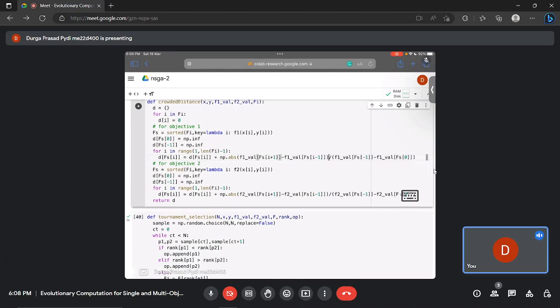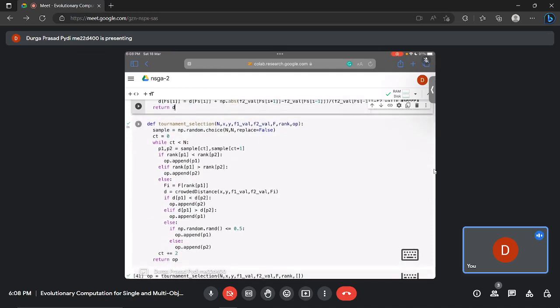You normalize this distance with respect to the maximum value minus minimum value. fs contains your sorted values. fs of 0 will be your minimum value, and fs of minus 1 in Python essentially means the last value, which when you sort them will be your maximum value. So you are normalizing with respect to the entire range of your particular objective function value. You do the same for both the objective functions. This entire code is essentially for that. Once you do both of them, the value of your distance will be returned by this function.